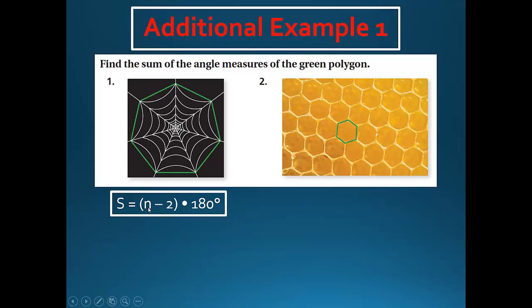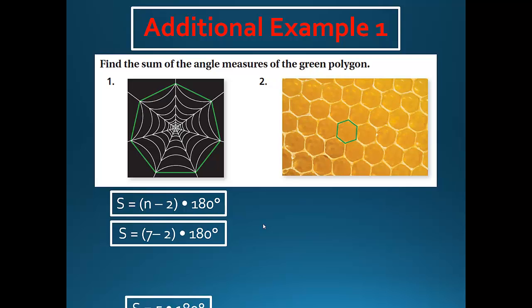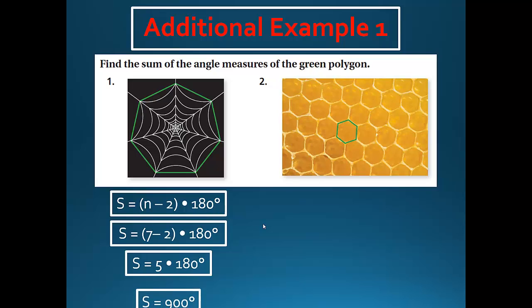So we're going to replace the n with 7. So now we have S equals the quantity 7 minus 2 times 180. Now 7 minus 2 equals 5, so we're going to multiply 5 times 180, and 5 times 180 is 900. So S equals 900 degrees.